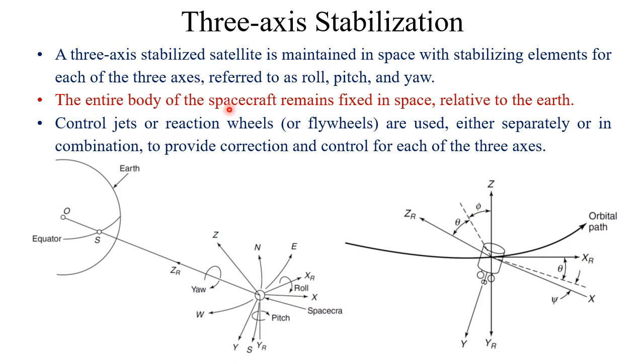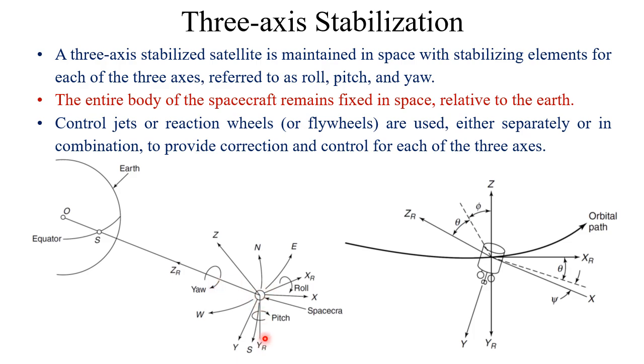The entire body of the spacecraft remains fixed in space relative to the Earth, right? Control jets or reaction wheels, sometimes flywheel type of things, are used either separately or in combination to provide correction and control for each of the three axes. That means for each axis, in this direction, in this direction, in this direction, we have some kind of flywheel.